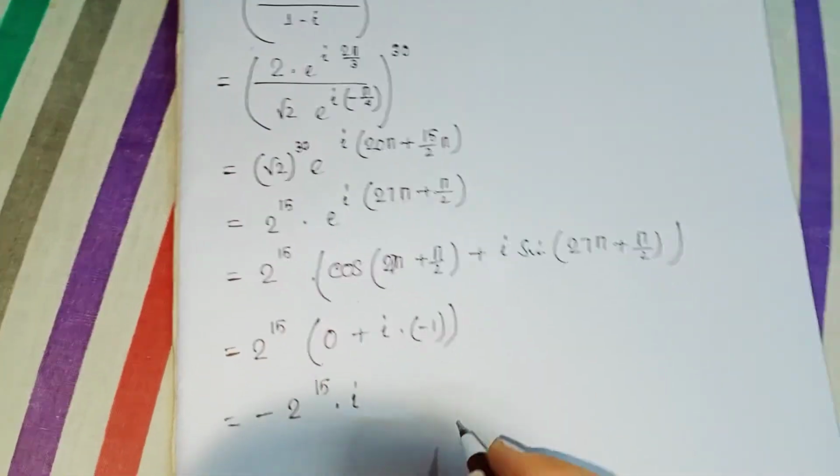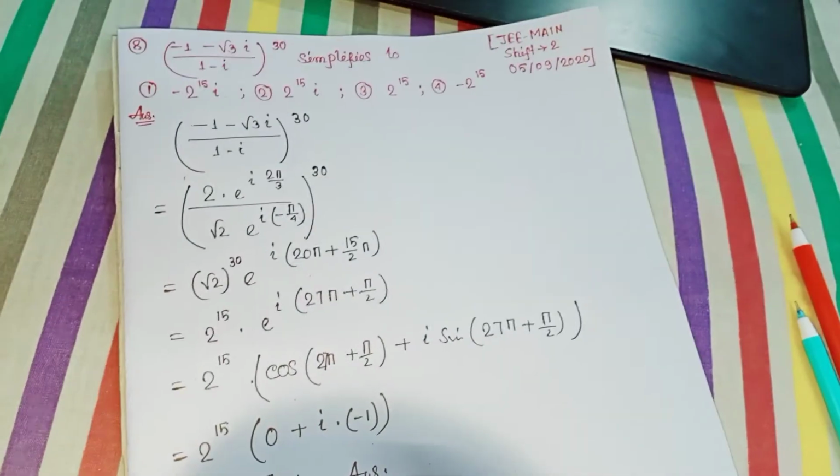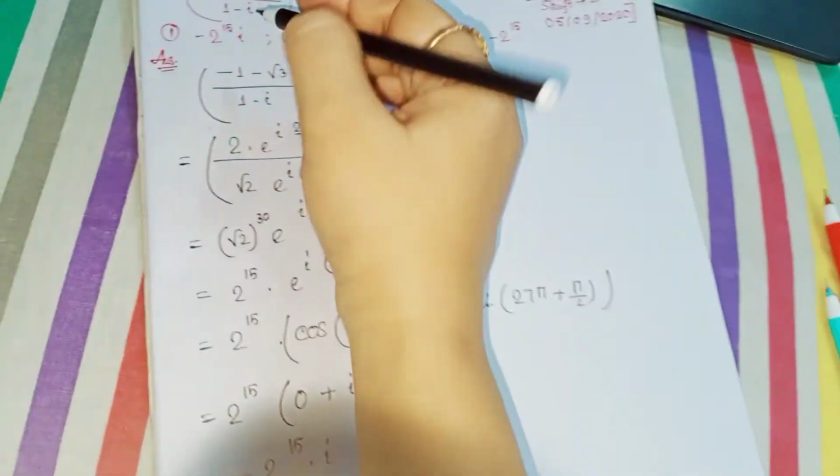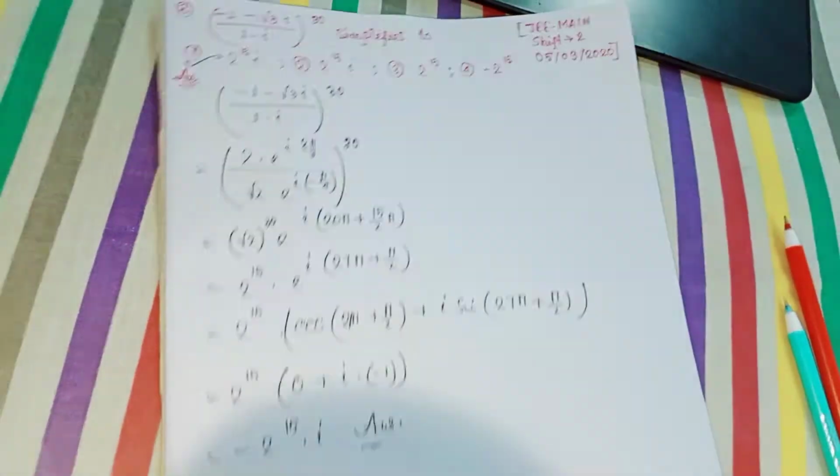So we reached our required answer, and option 1 is our correct choice, -2 to the power 15 into i.